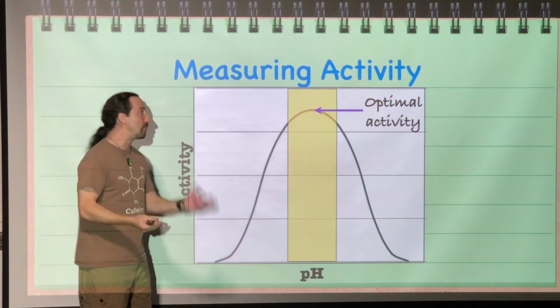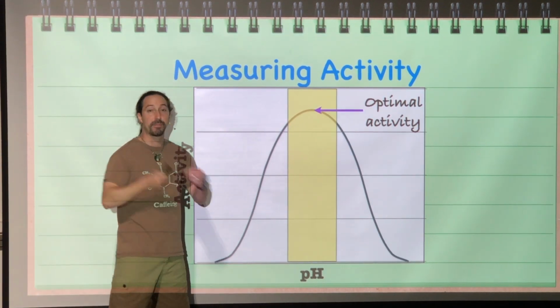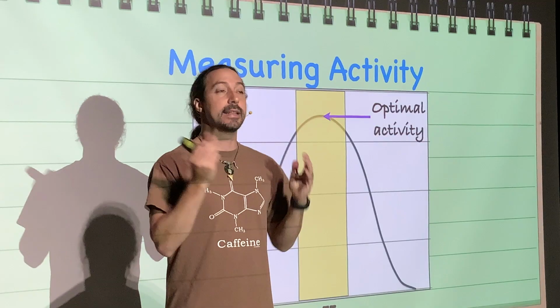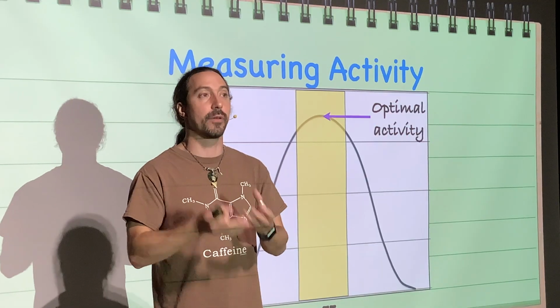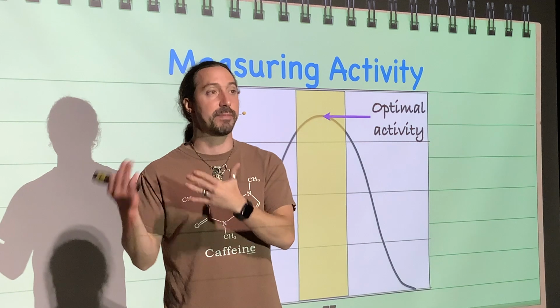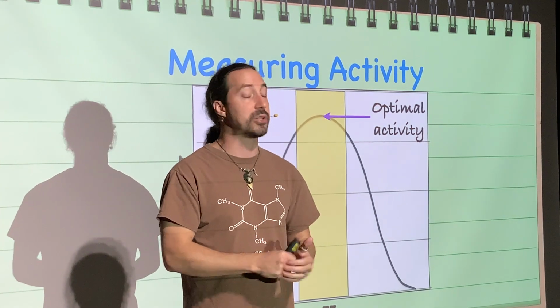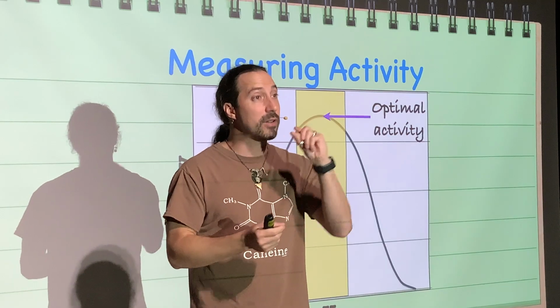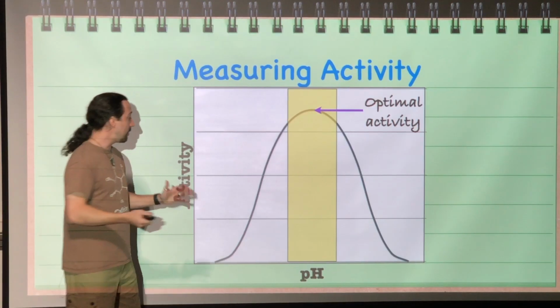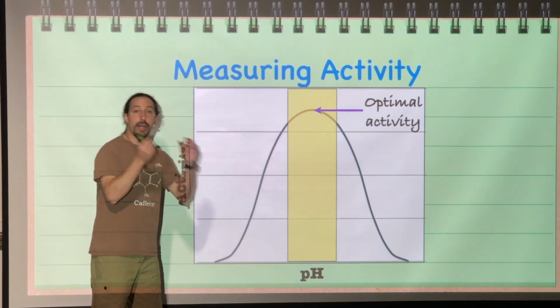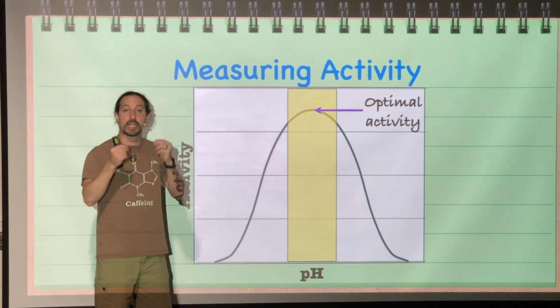So the optimal pH of an enzyme is specific to the enzyme, in the same way that the optimal temperature for an enzyme is also enzyme specific. Some enzymes work at a very large range of temperatures. Some enzymes only work at a very small range of temperatures. Same thing with pH, where it's very specific to that specific enzyme.